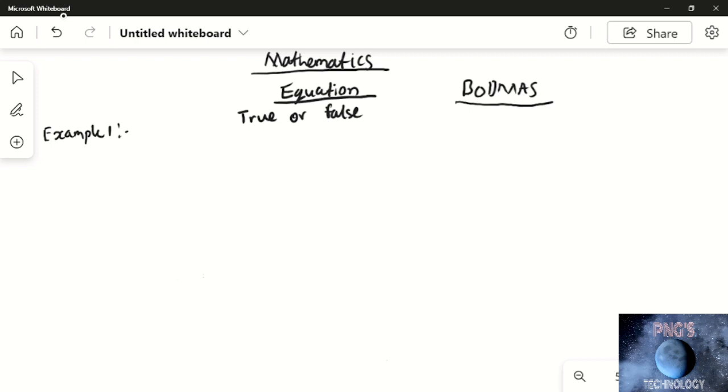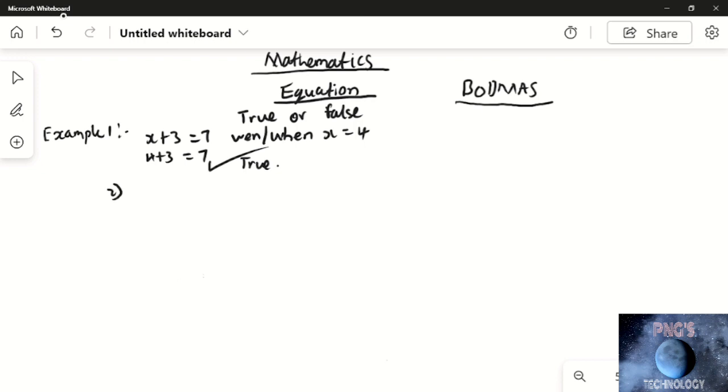Example 1: x plus 3 is equal to 7 when x is 4. Only looking at it, this is true, because replacing x with 4, we have 4 plus 3, and it's equal to 7. So that's correct and it is true.